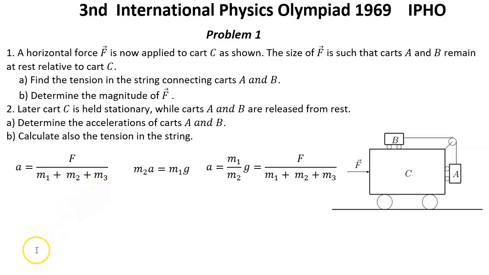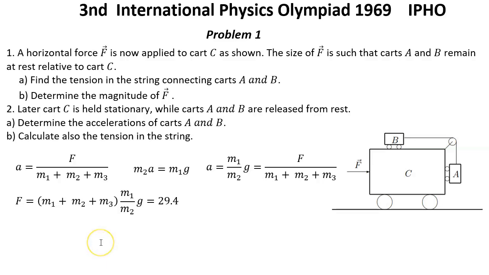So that will be M2 a equals M1 g. And from here we can find that a on one hand equals M1 over M2 times g, and on the other hand it's F over M1 plus M2 plus M3, and from here we can find F.